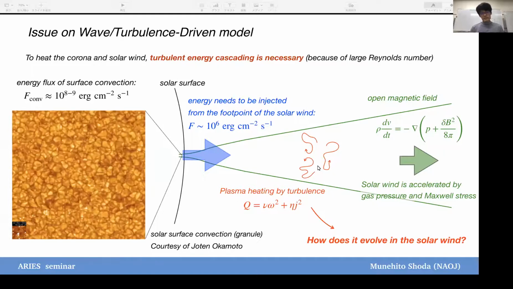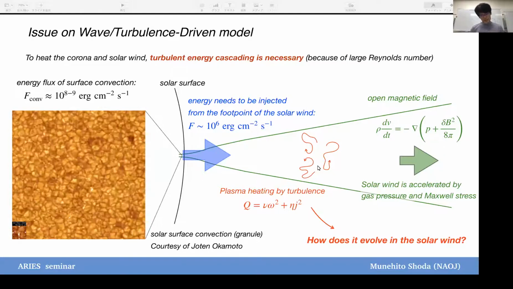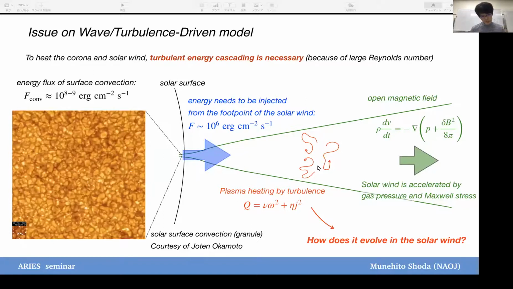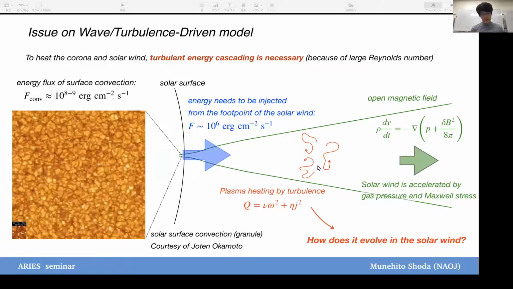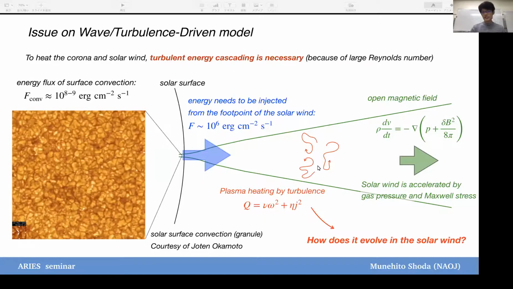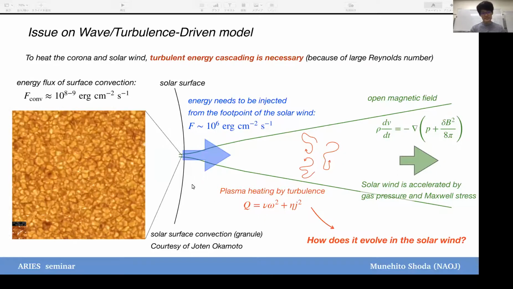So in this model, the most difficult point is to appropriately describe the evolution of turbulence in the solar wind, because turbulence is actually very difficult.